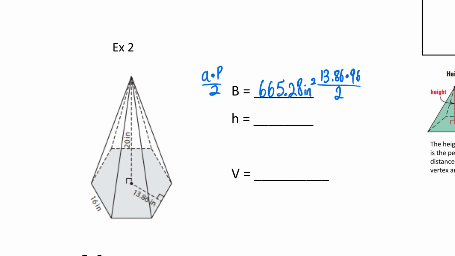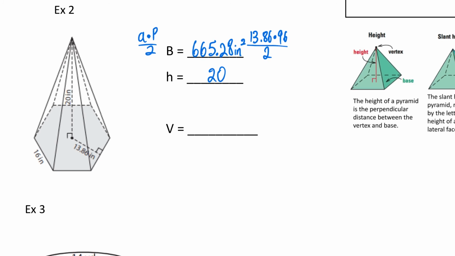Okay, what's the height? That one just gives you 20. So we're going to take area of the base times the height divided by, nope, divided by 3. 4,435.42.